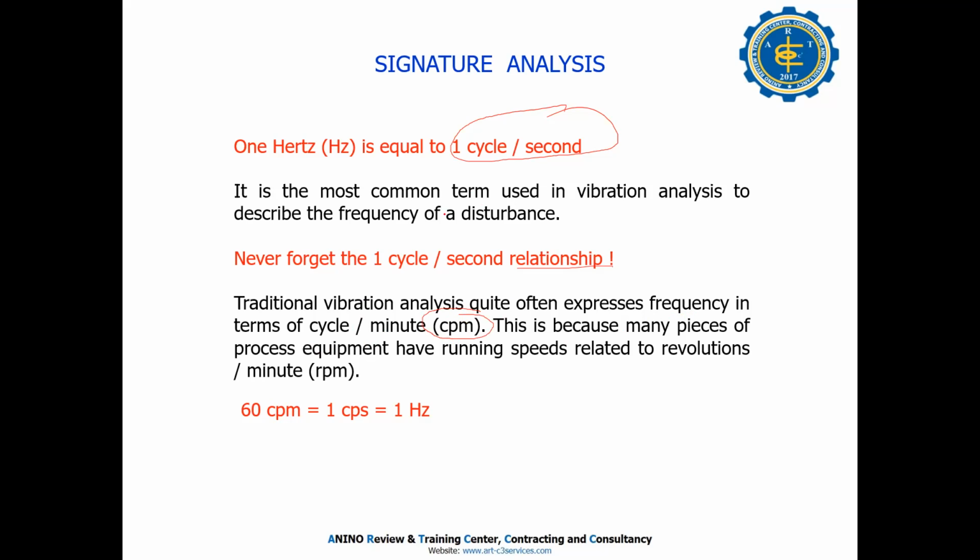This is because many pieces of process equipment have running speeds related to revolutions per minute. So 60 cycles per minute is 1 CPS, which is 1 hertz.